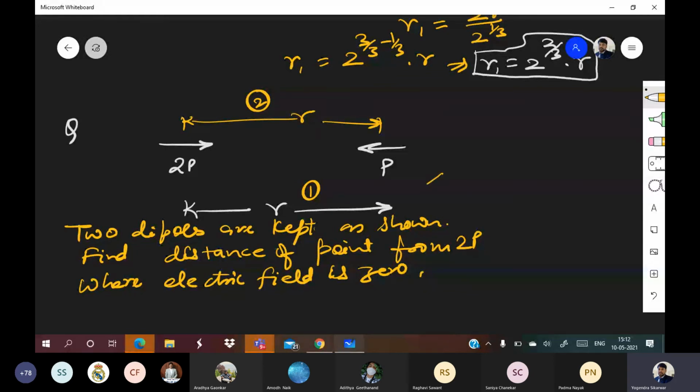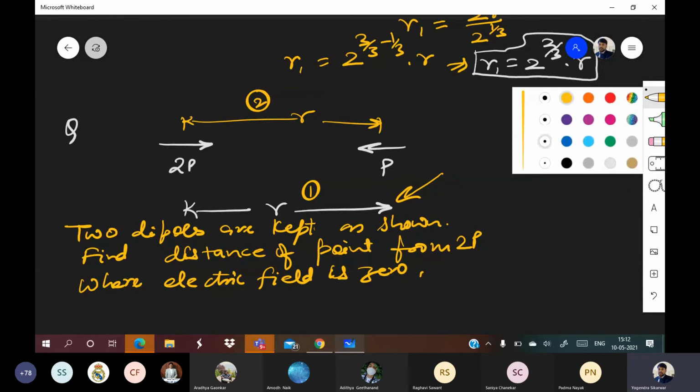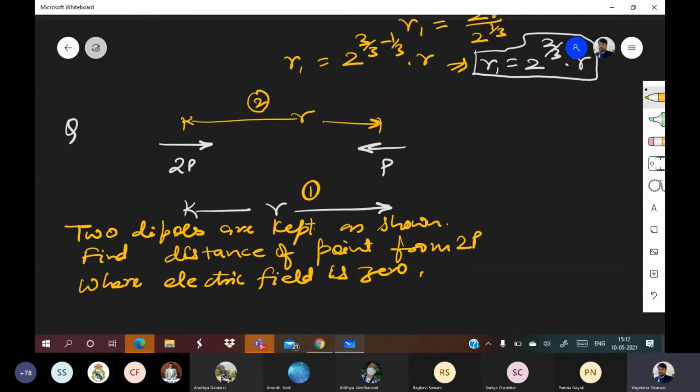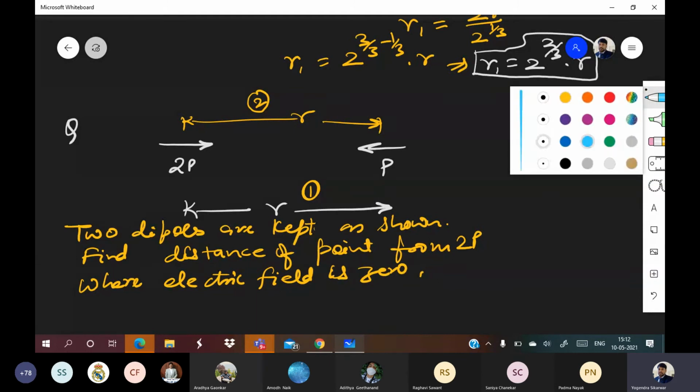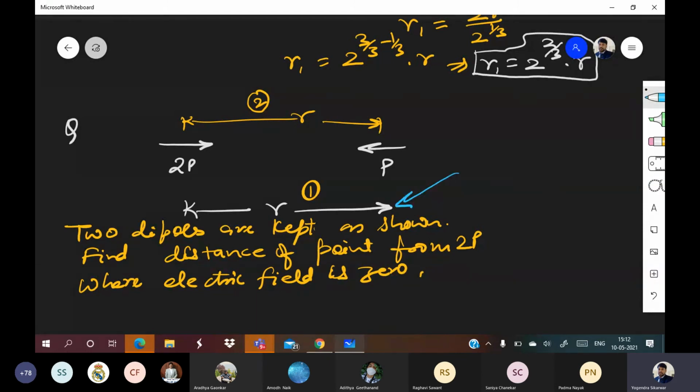Here is the distance between the dipoles, and here is the distance between the dipoles. I have mentioned it at two places. Can you see that these arrows are starting from the midpoint?